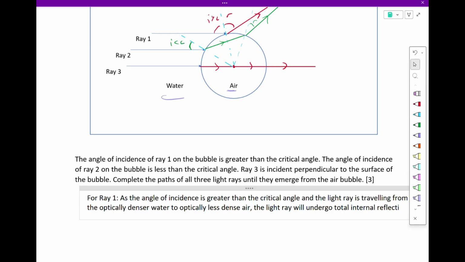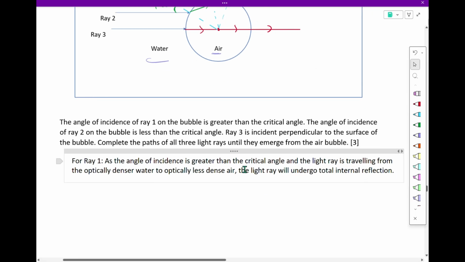You want to briefly mention your two conditions, and then what happens afterwards, which is total internal reflection itself.